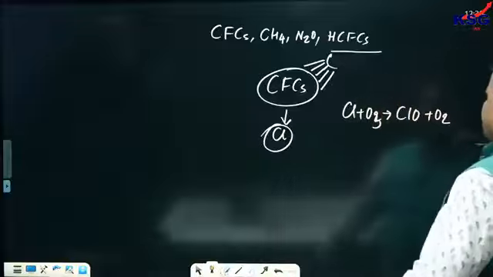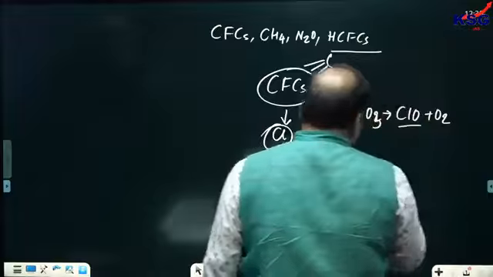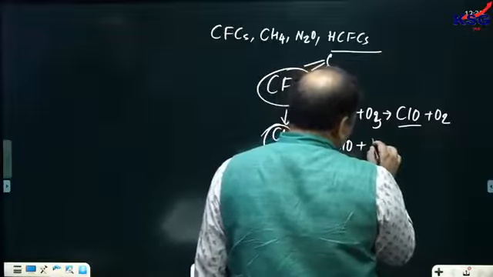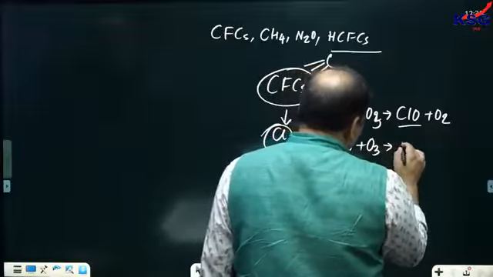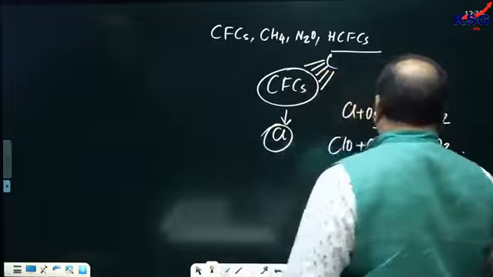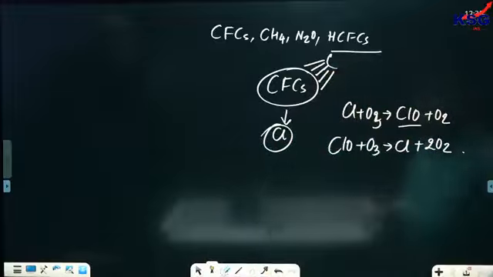It's the oxide which is responsible for the damage. And then ClO would combine with O3 to form Cl plus 2O2. So oxygen would be regenerated also. This is how ozone depletion takes place.